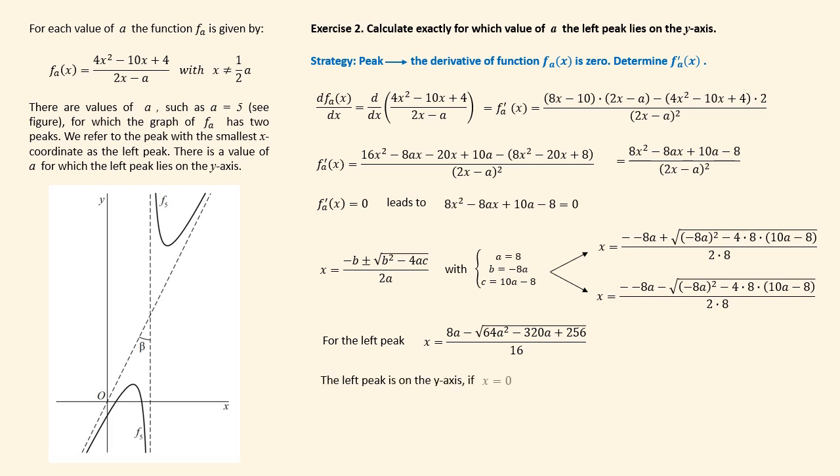And if the left peak is on the y-axis, then x is 0. That is a property of being on the y-axis. So that means that the numerator here must be 0. And further simplifying this expression, solving for a would be this, and then we get this. And here we have the answer: a equals 4 divided by 5.